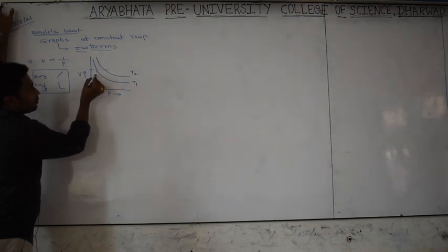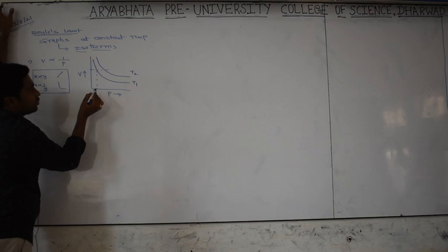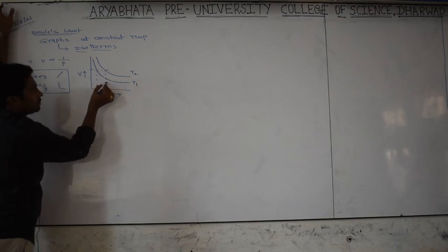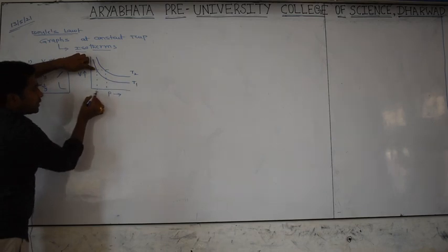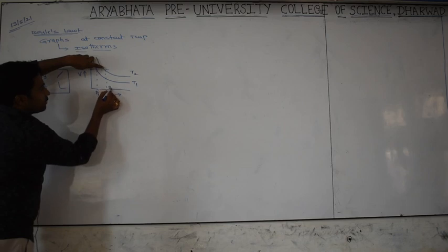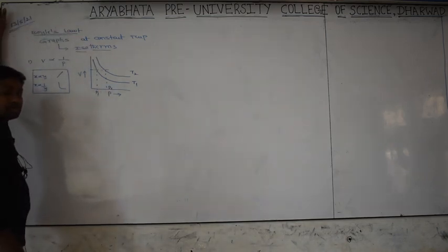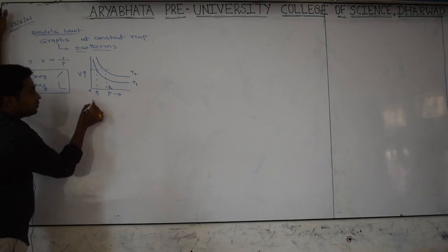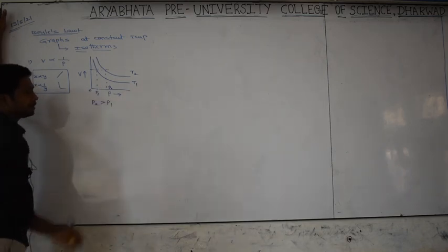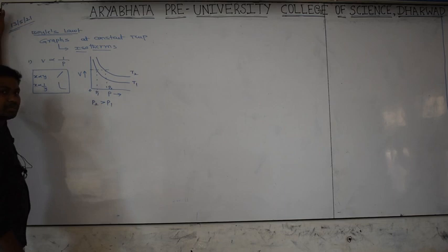From that intercepting point, we take one more line to the other axis. This is the T1 graph, so it gives P1. This is the T2 graph, so it gives P2. Now what is the relation between P1 and P2? P2 is more than P1. Which relation do you want, pressure or temperature?